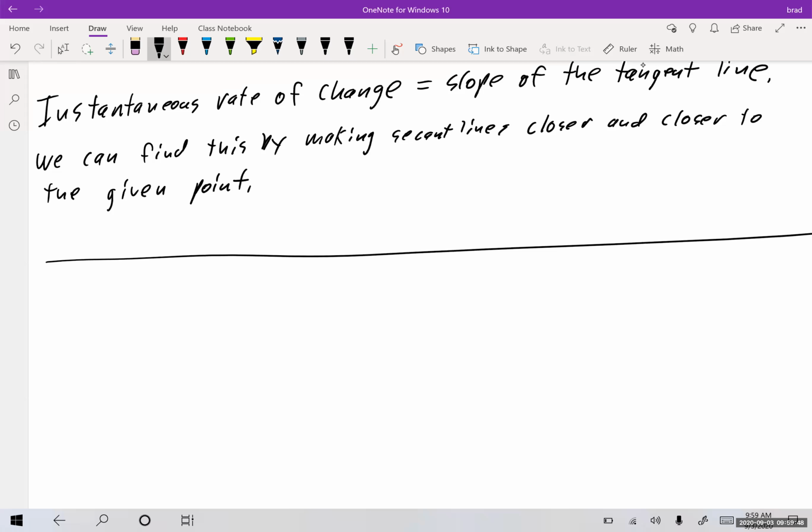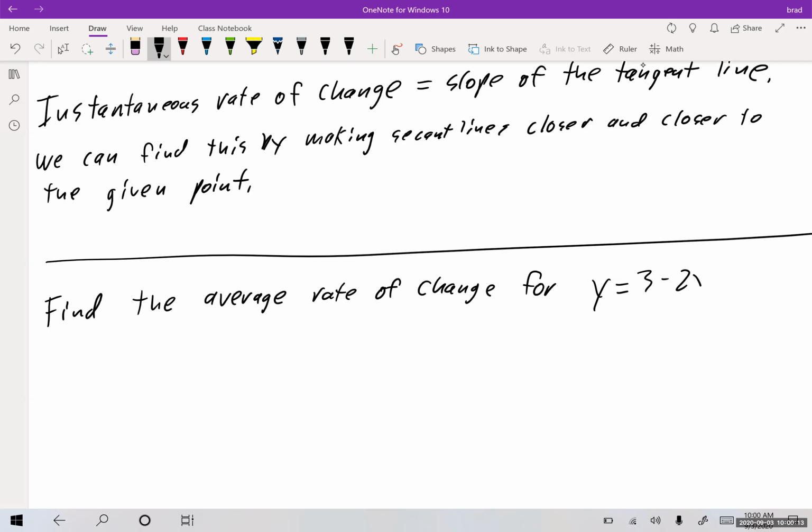Okay, so let me have you guys try a few of these. This one, I'd like you to find the average rate of change for y equals 3 minus 2x squared on the interval 2 to 2.4.